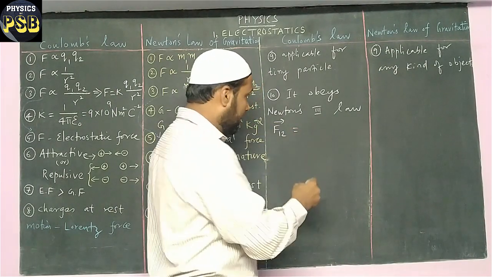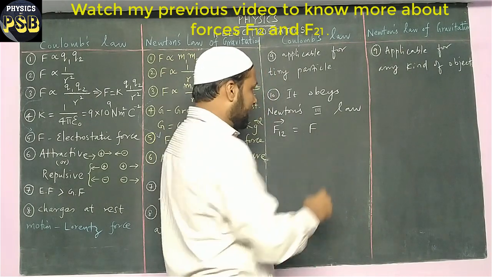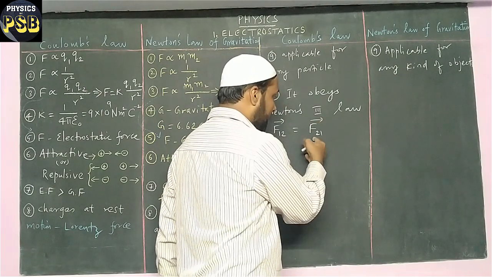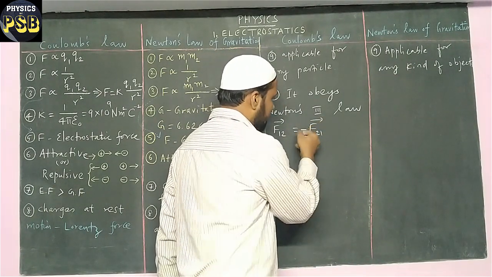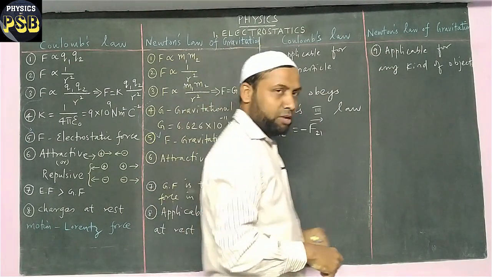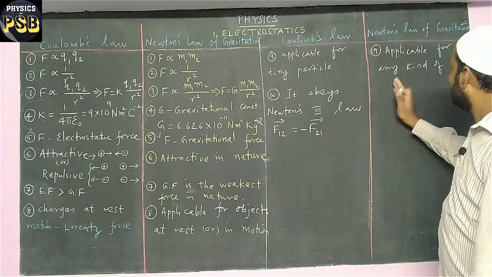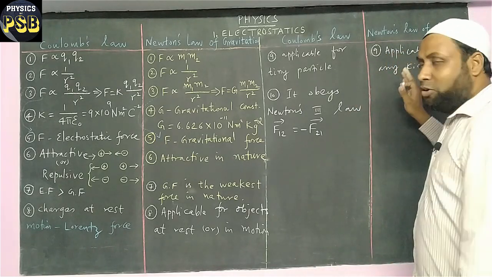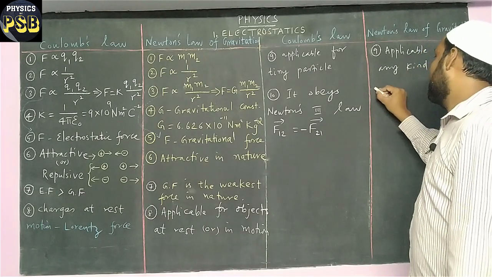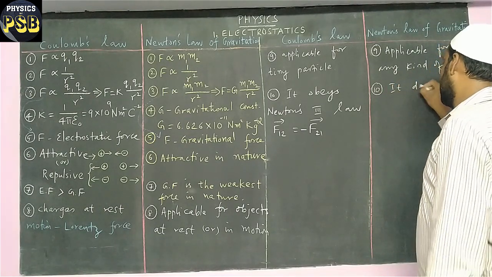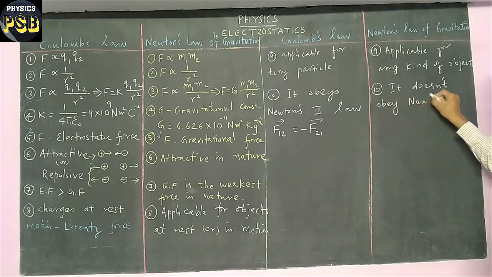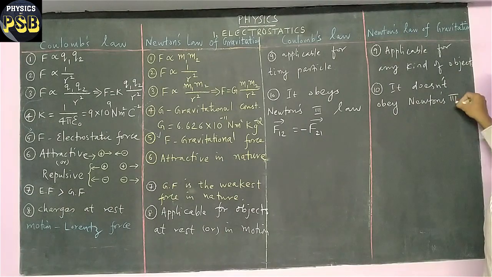Then this will be equal and opposite to the force acting on charge 2 exerted by charge 1. This will be equal but opposite, so I place a negative sign here. So this implies Newton's third law of motion. Clear? Whereas Newton's law of gravitation does not obey Newton's third law.